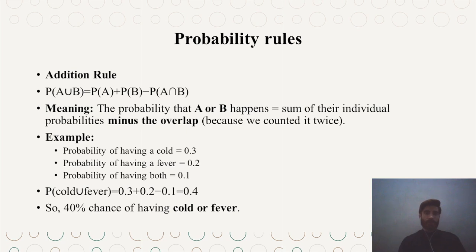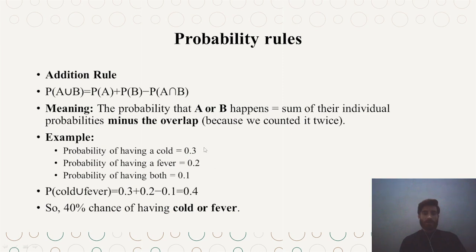Now coming to probability rules, here are three rules in probability: addition, multiplication, and complement. So in the addition rule, if we add the probability of two events, then the formula will be probability of having a cold and probability of having a fever.